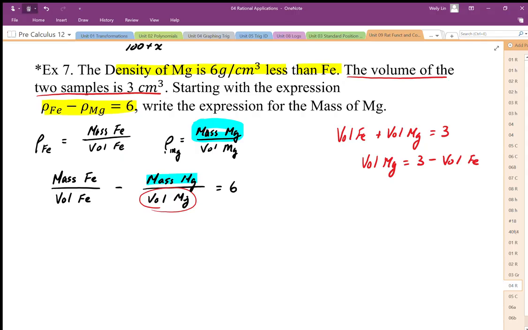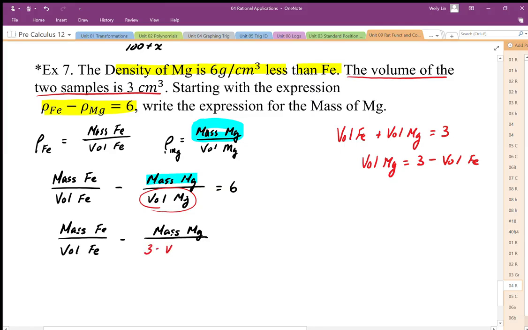So I'm going to rewrite this expression and then solve for the mass of magnesium. So it's going to look like this. Mass of iron over volume of iron minus the mass of magnesium, that's what I'm looking for, divided by, and instead of using volume of magnesium, I'm going to use an equivalent expression using iron.